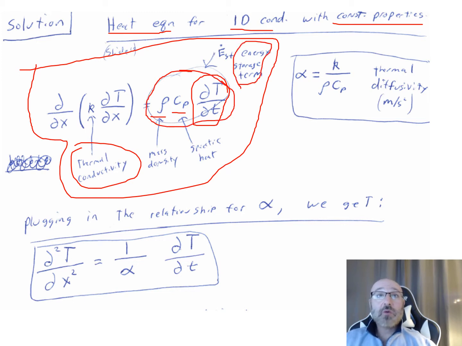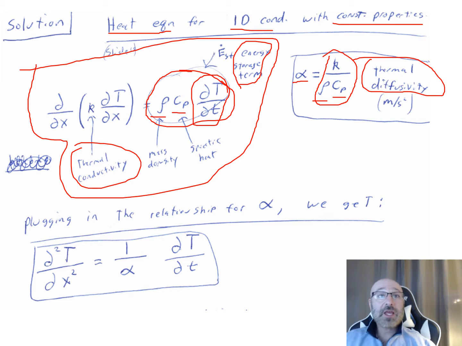Now, one thing that we can note, we can simplify this down a little bit. We have this relationship for thermal diffusivity in units of meters squared per second, where alpha is equal to our k, our thermal conductivity, divided by our mass density times our specific heat. So we can rearrange this equation and simplify it down.